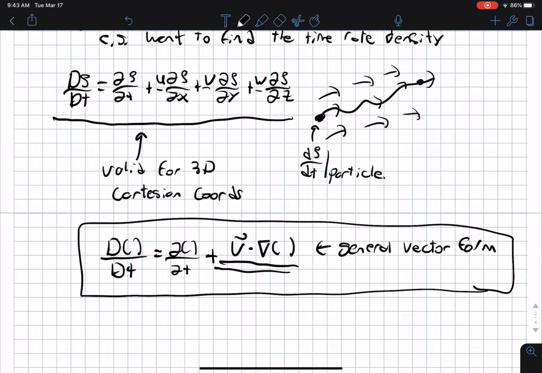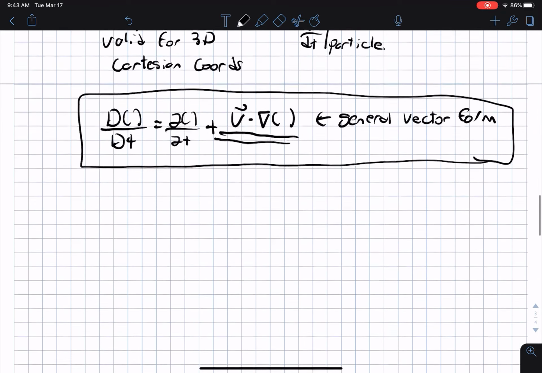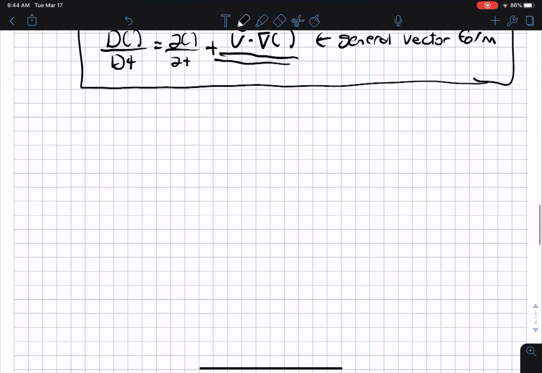Okay, and so as an example, we're going to go through an example now of how you can use the substantial derivative to compute the acceleration at a given point. And so here, example.